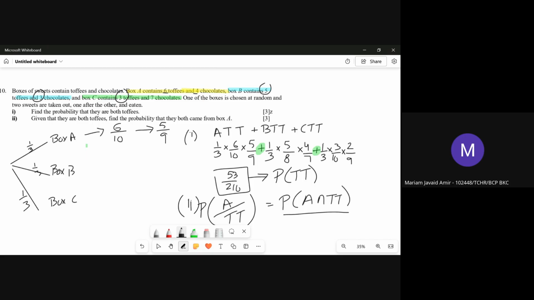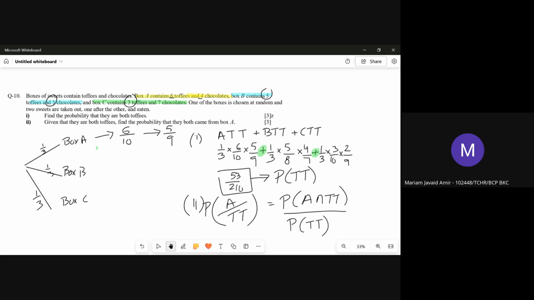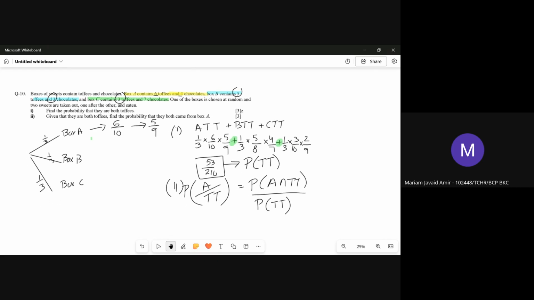In the denominator, we put the answer of part 1, which is 53 over 210. The numerator is box A, toffee and toffee, which is 1/3 into 6 by 10 into 5 by 9. Enter this and we get 70 over 159.